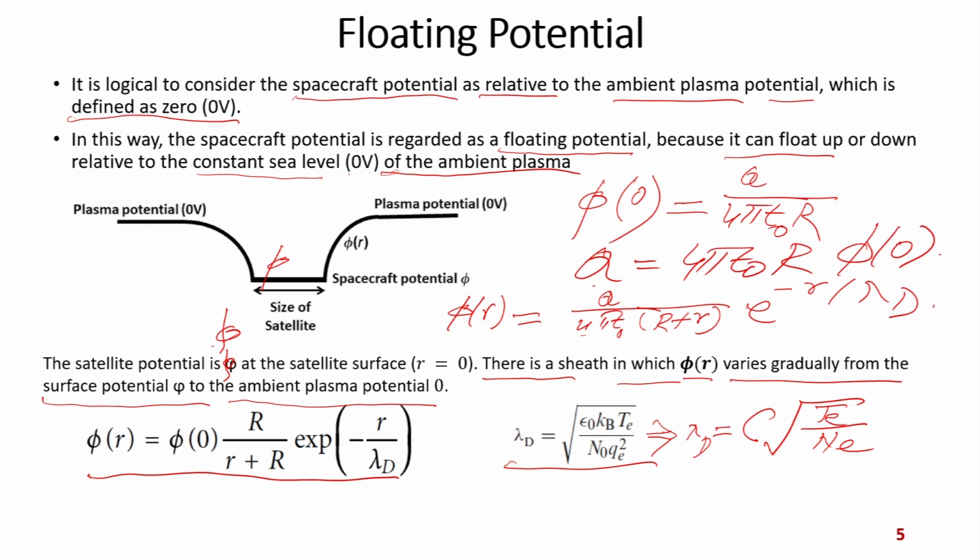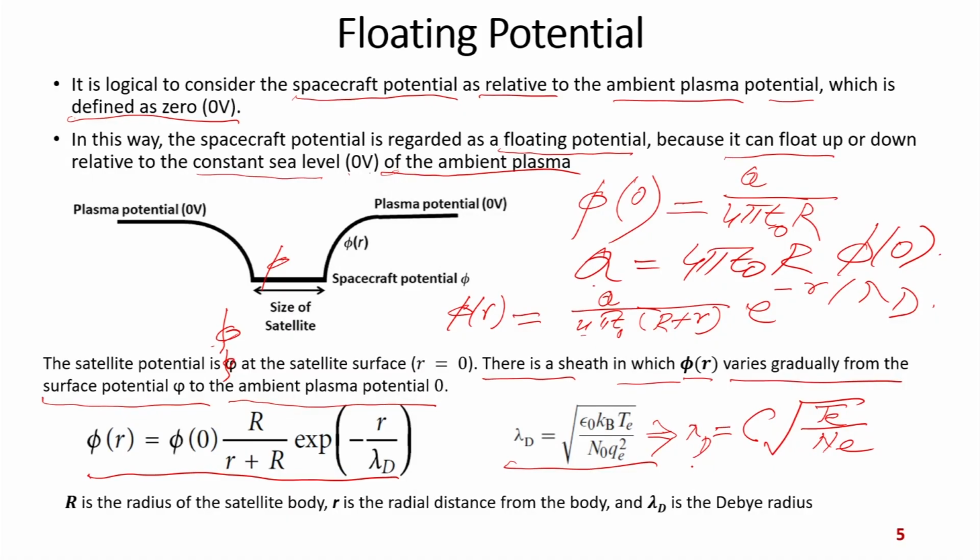Whereas where the density is very high and the temperature is low, we will see that the Debye length is a few centimeters. Then, as we proceed further, we will discuss the significance of this Debye length when I consider spacecraft charging. Okay, so I already told what is capital R and what is small r.